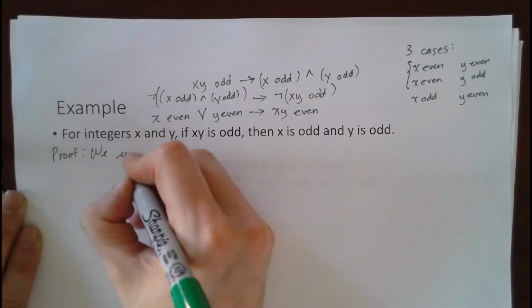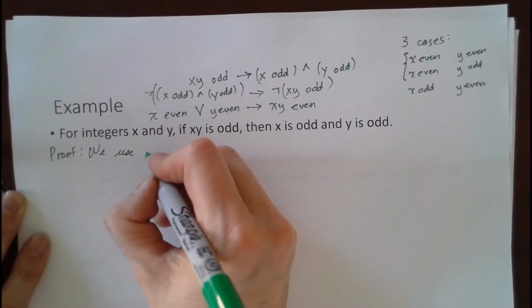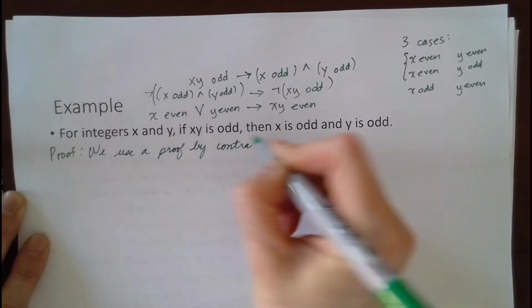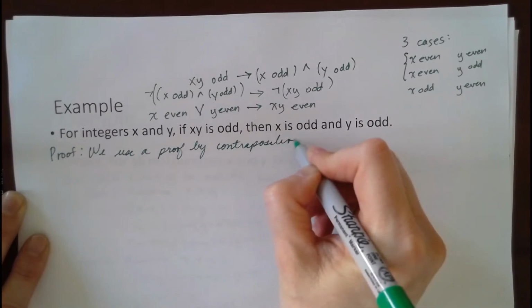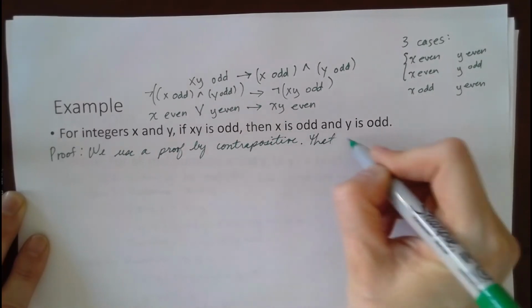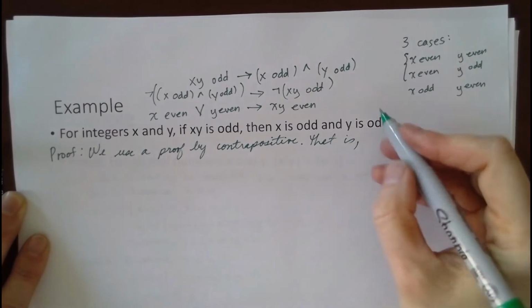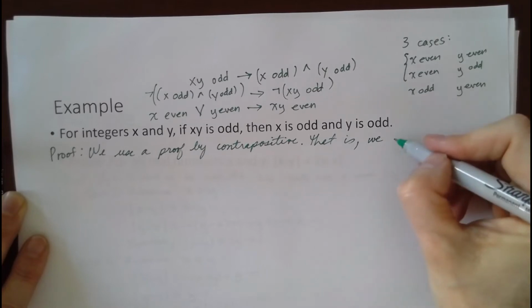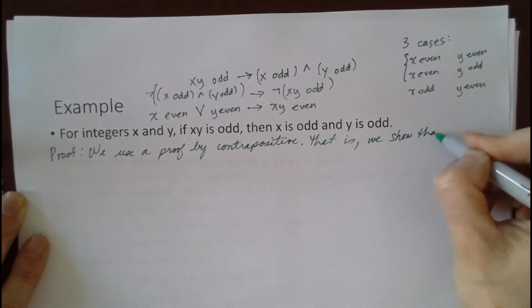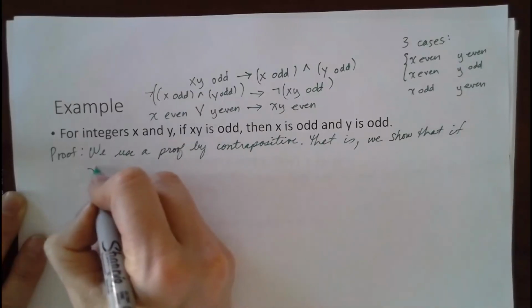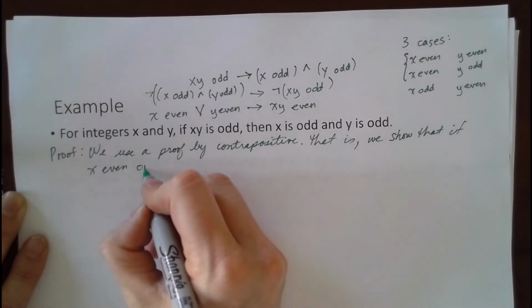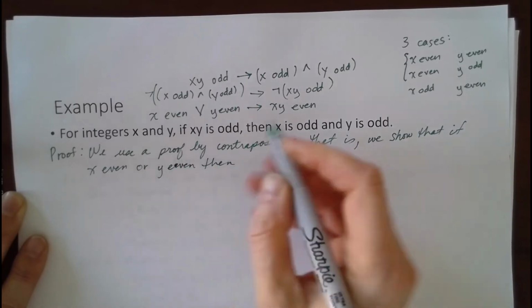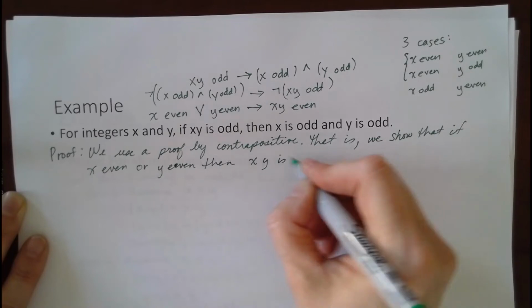Okay, so we use a proof by contrapositive. We show that if x is even or y is even, then xy is even.